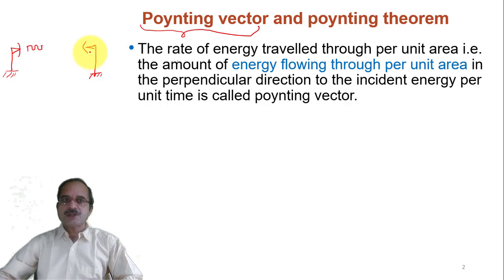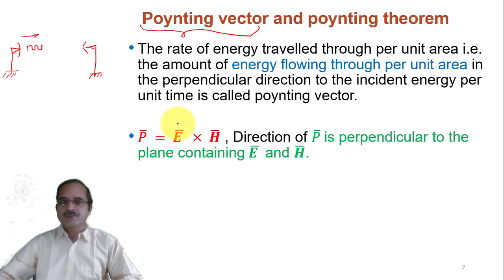Now during this process, the amount of energy flowing through per unit area perpendicular to the direction of the incident energy per unit time is called the Poynting vector. So this is what we mean by Poynting vector.